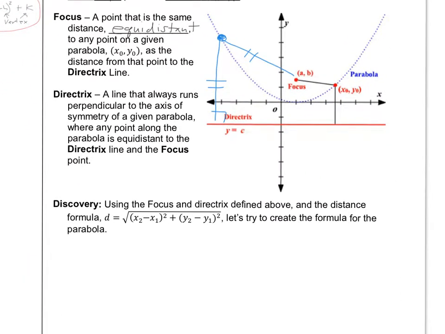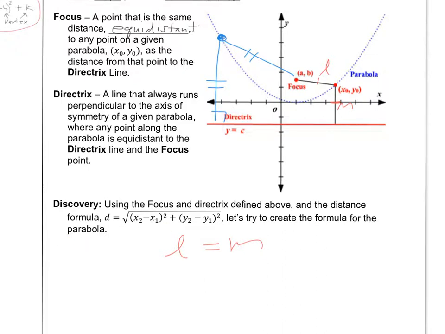So to start off, I'm going to call this distance here L. I'm going to call this distance here M. And if those two distances are the same, then we can start off by saying that L has to be equal to M. And since we know the distance formula here, because it says using the focus and directrix defined above, and the distance formula, let's try to create the formula for the parabola.